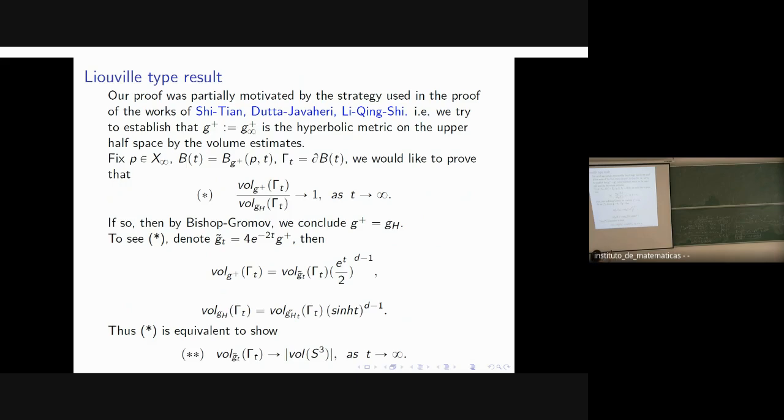So to show what we want, after the change of this conformal factor, amounts to showing that along these slices, the area tends to the volume of S3. This is the volume of S3. So it's the same picture as before. We are trying to show along this boundary of gamma t, this thing tends to the volume of S3. That's what we did.